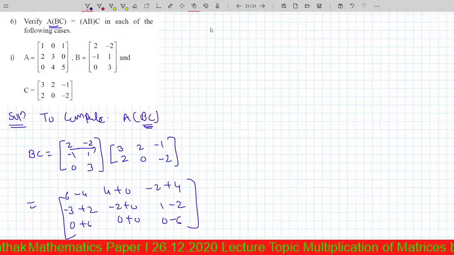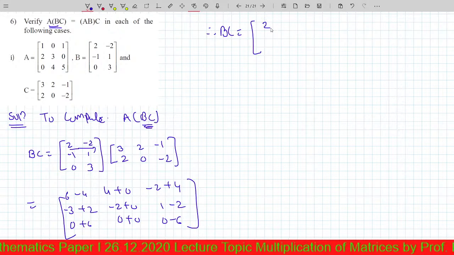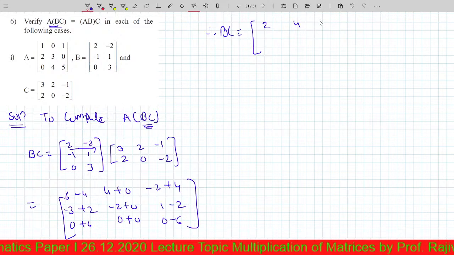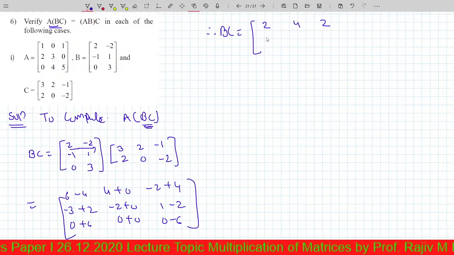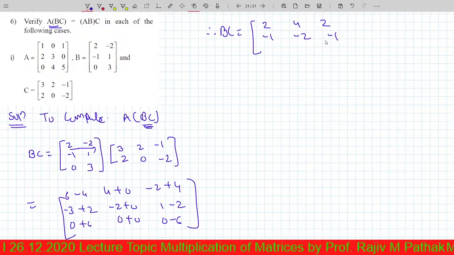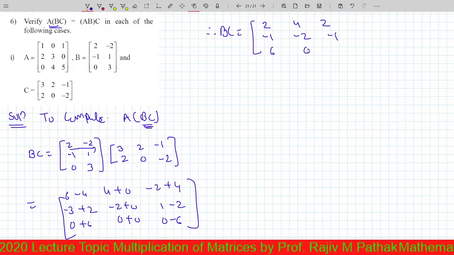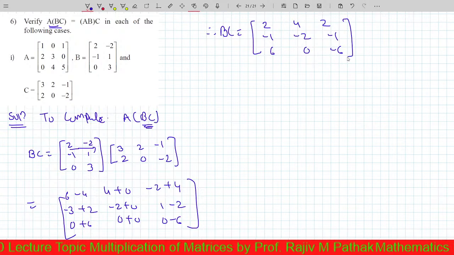So BC is equal to 2, 4, 2, minus 1, minus 2, minus 1, 6, 0, minus 6.